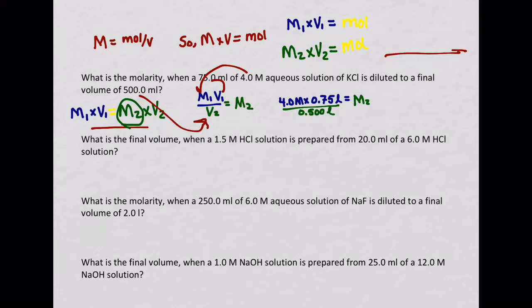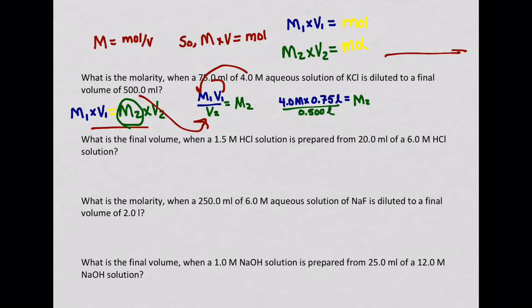All right, let's try a variation on this. Here we want the final volume. We're given this initial concentration, and this is what we want for the final concentration, and we're making that concentration starting out with this more concentrated hydrochloric acid solution, but we're only going to use 20 mL of it.